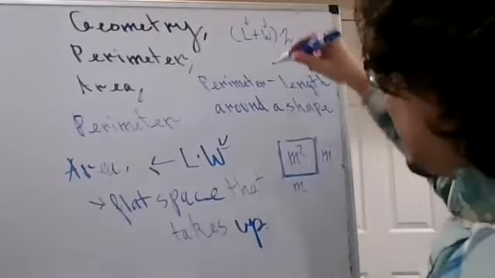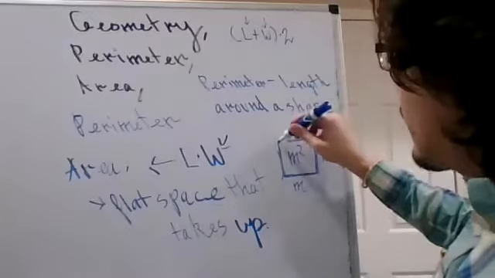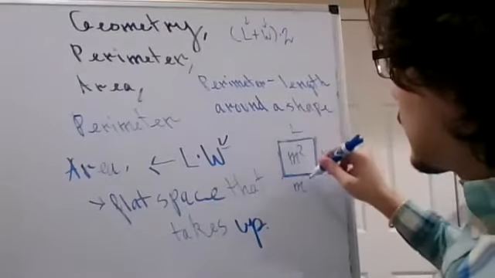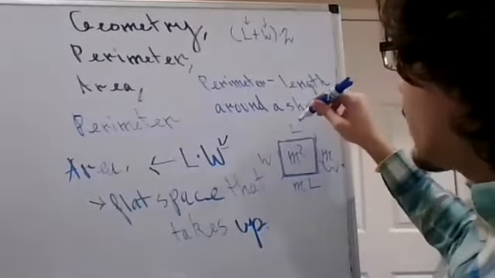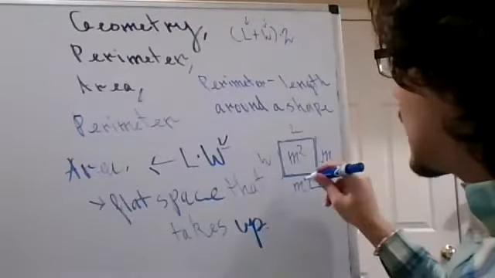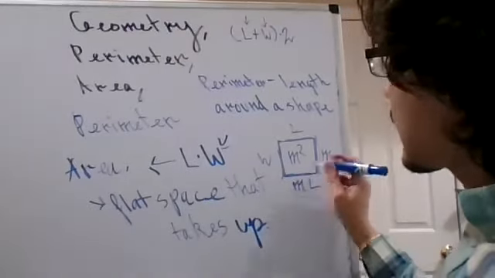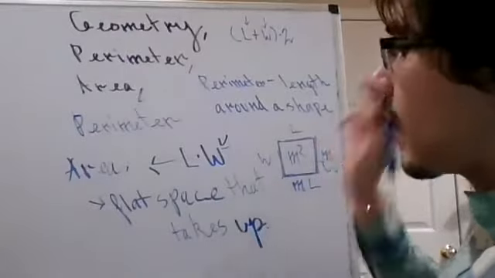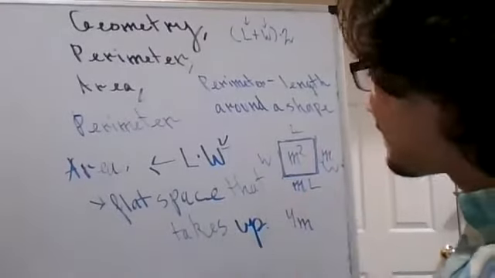So this equation, length plus width times 2, covers both lengths and both widths, because it would describe the length plus the length plus the width plus the width. And since each side of the square is the same and each side is 1 meter, since there are 4 sides of the square and you add all of them together, that comes out to 4 meters.